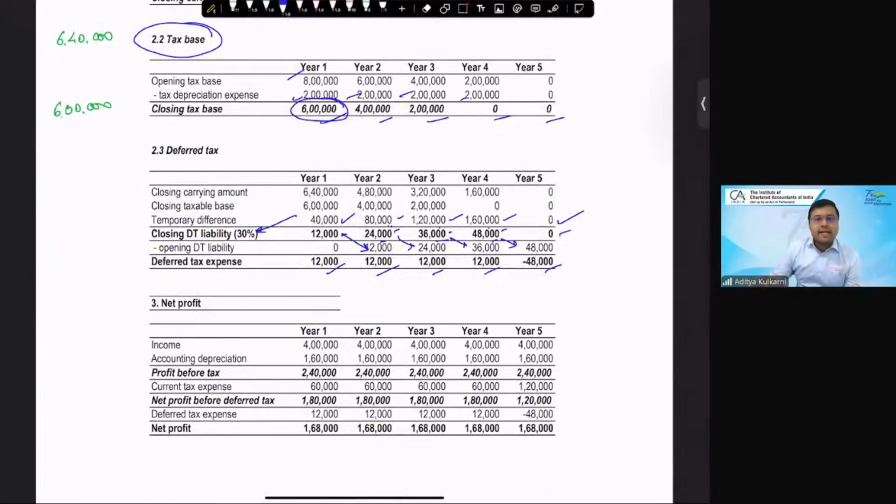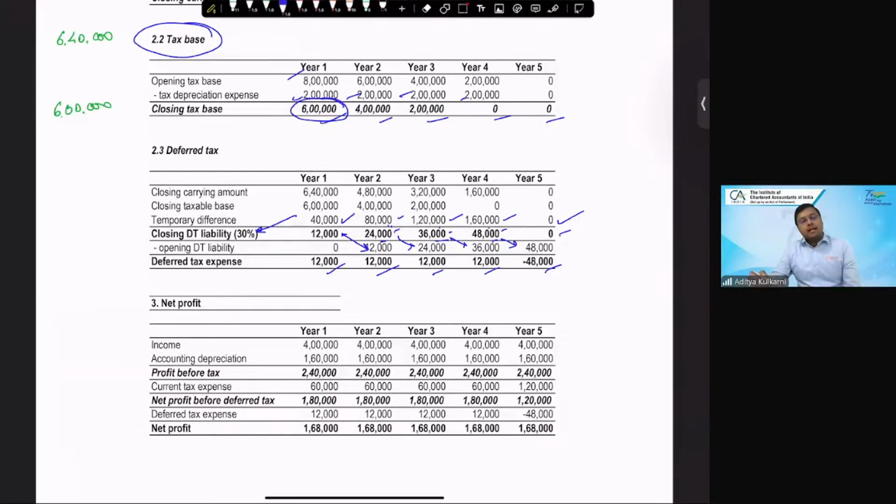Why did the standard setters move from a P&L based approach to a balance sheet based approach? What was the need to do all this? The P&L approach also gave me the same results, and the balance sheet approach also gave me the same results. Then what was the need to do this?